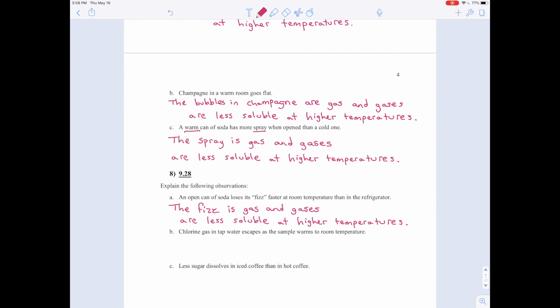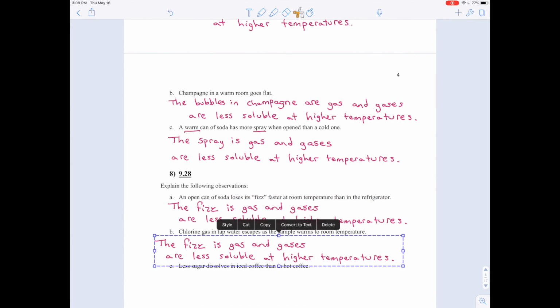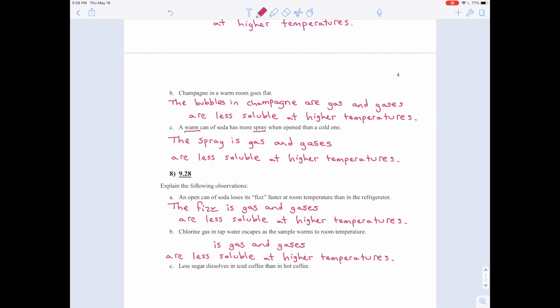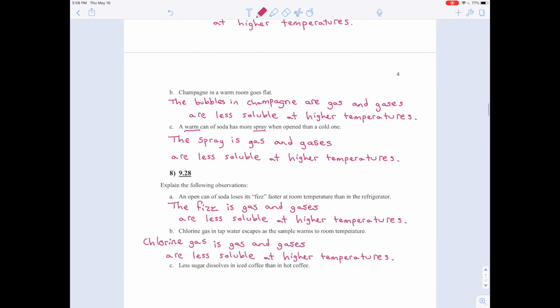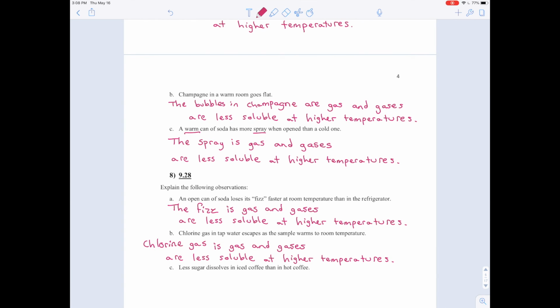Okay, B, chlorine gas in tap water escapes as the sample warms to room temperature. And so this is the same idea. Except instead of fizz, like the last time, you'd say that chlorine gas is gas. And gases are less soluble at higher temperatures. And so the gas would escape the water as it warms.